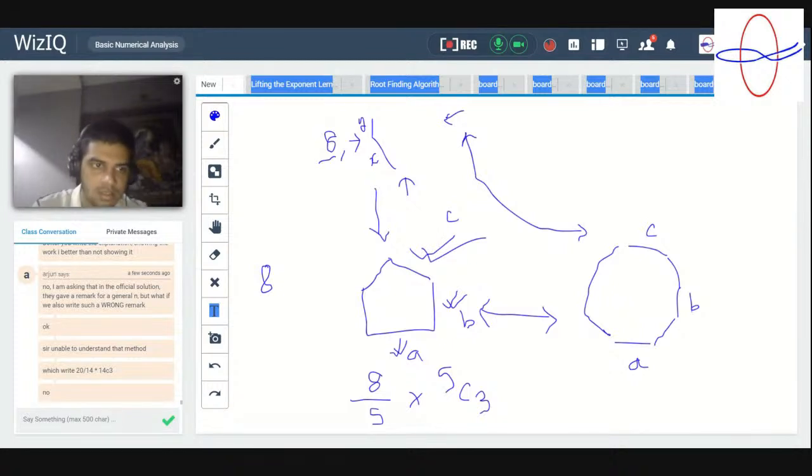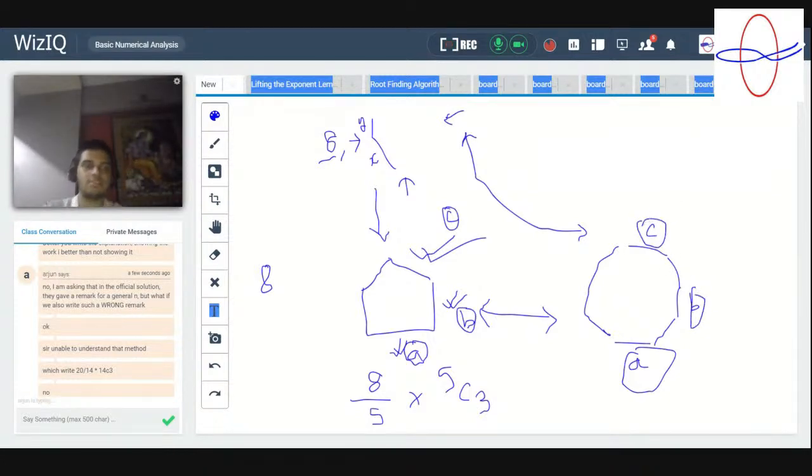Correct? Or more correctly, given any side A which is already selected, you can then select any two sides B and C, and then you can map that to one specific side B and one specific side C. Is that fine with you, Arjun?